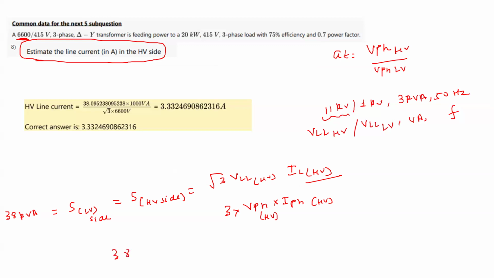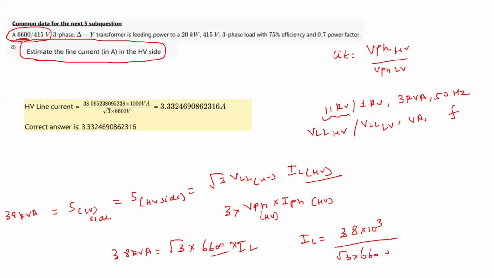So this 38 kVA is root 3 into 6600, from the nameplate reading, into I line. So we can directly get the line current. This will be 38 kVA by root 3 into 6600. Okay, so is there any doubt here?